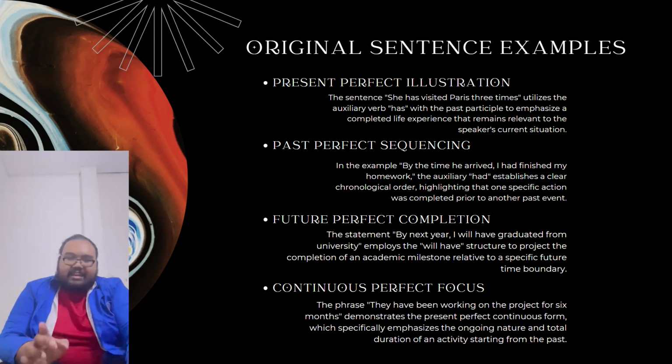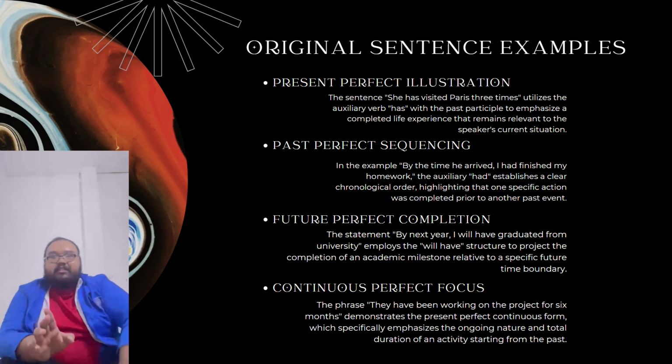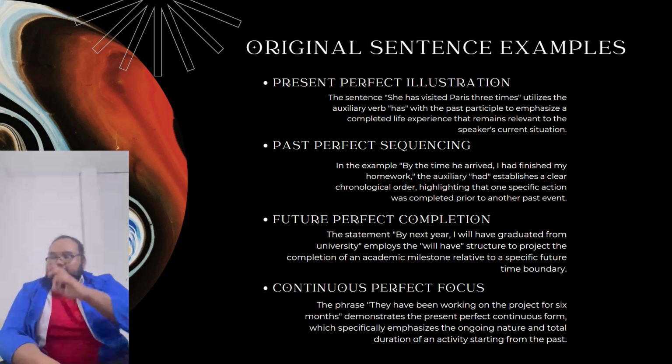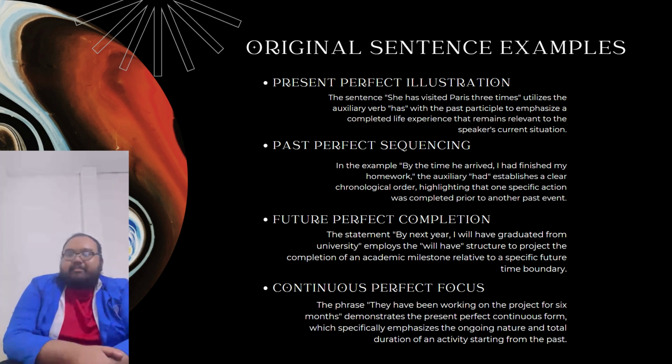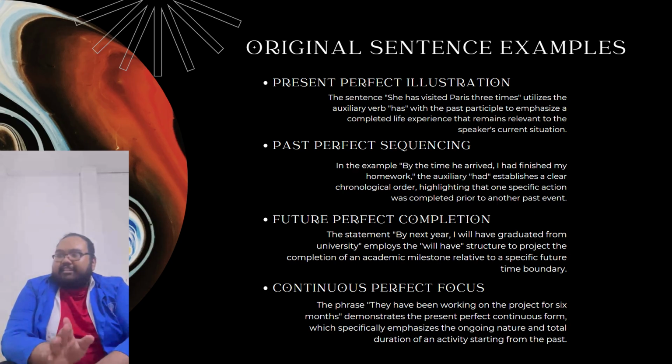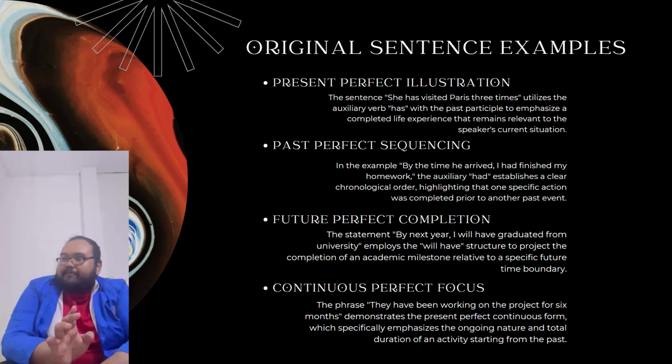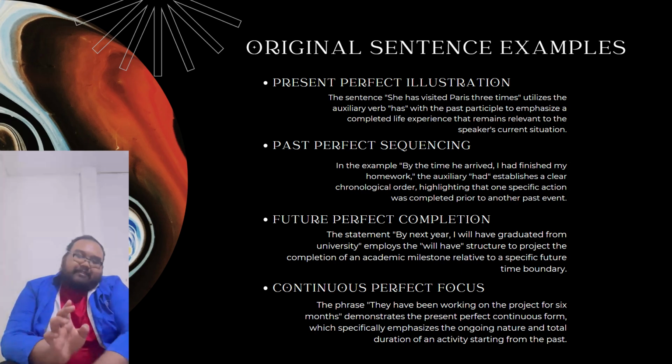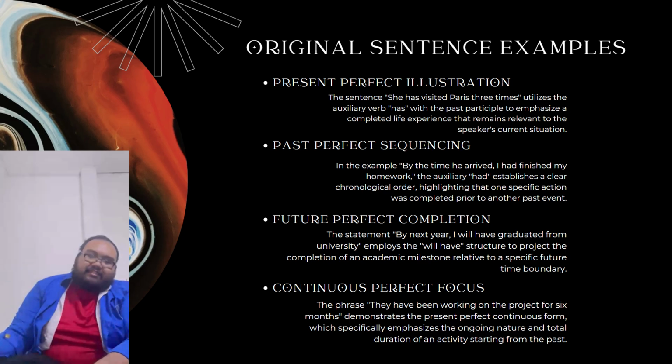The phrase "They have been working on the project for 6 months" demonstrates the present perfect continuous form, which specifically emphasizes the ongoing nature and total duration of an activity starting from the past.